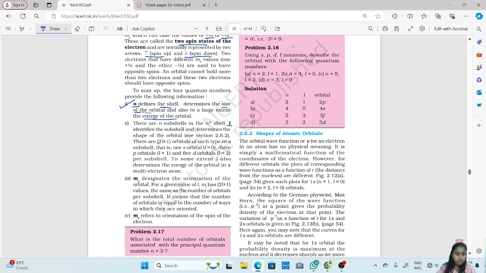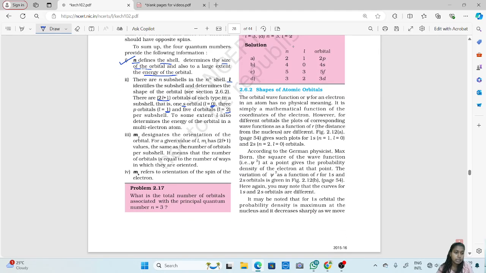When you calculate this with the formula, s orbital is calculated using 0, p orbital using 1, and d orbital using 2, where you substitute the l values 0, 1 and 2 in this formula. That will give you the number of orbitals present in the subshell. To some extent, l also determines the energy of the orbitals in a multi-electron atom.